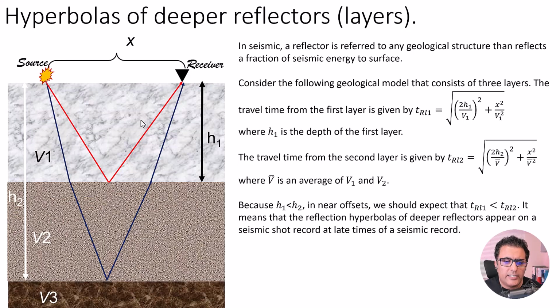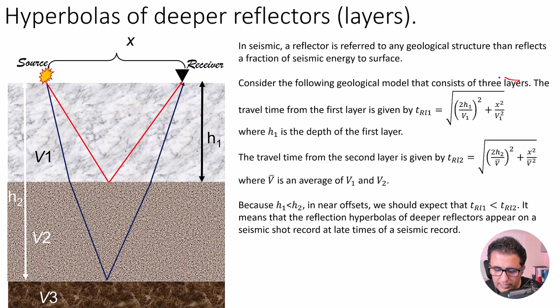Assume that here we have a very simple geological model composed of 3 layers and 2 interfaces. As you see, if we place the source and receiver in these 2 locations, we're going to have 2 reflections, one from the boundary between the first and the second layer, and another reflection from the boundary of the second and the third layer.